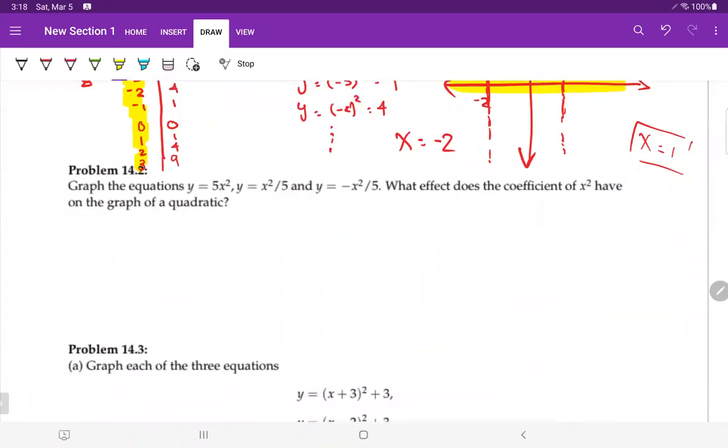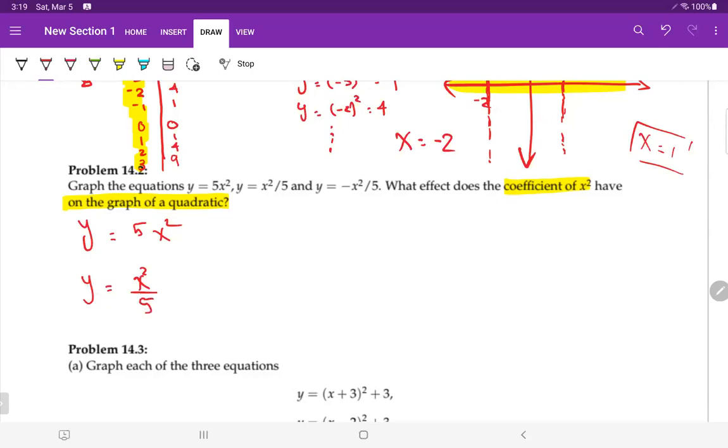Now graph the equations. We have many equations, and we want to see the effects the coefficient of x squared has on each of the graphs. So we have three different functions. The first one we did at the top is y equals x squared. Now we have y equals 5x squared. The second one is y equals x squared over 5.